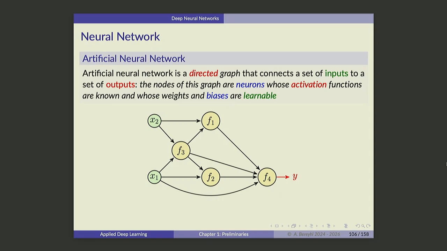Everybody's cool? So looking at this guy here, for instance, x1 and x2 are going inside the center neuron, F3, right? So they are getting multiplied by their own weights, right? A bias could be added. Then you activate it with the activation function F3. This is the output of this node, right?